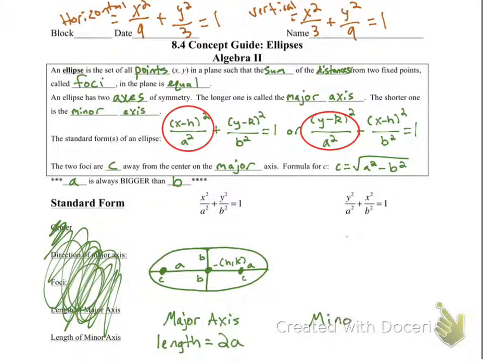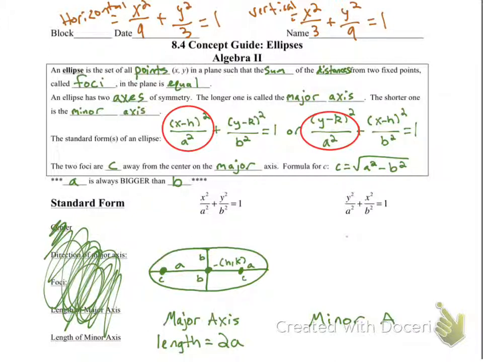Okay? So, I went ahead and drew a horizontal ellipse right there. I erased that stuff. We're going to write what goes next to that below it. First, you got a horizontal ellipse. Okay? I drew in C there. C is the foci. Alright.